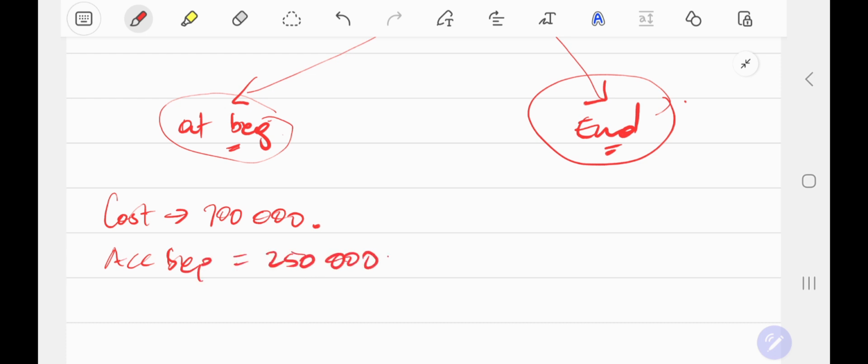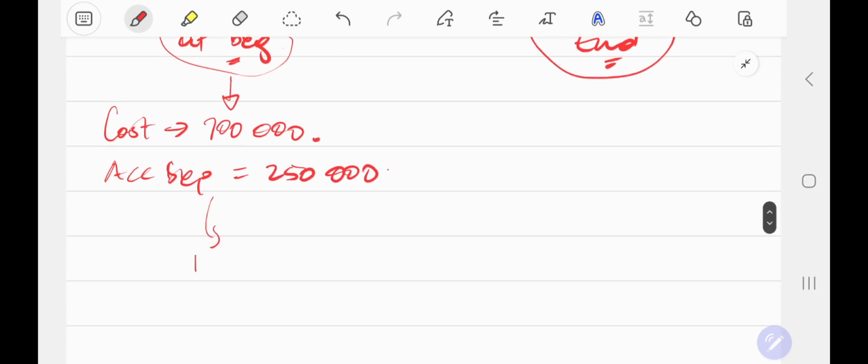If you are given the amounts at the beginning, you'd agree with me that this is before any adjustments, right?